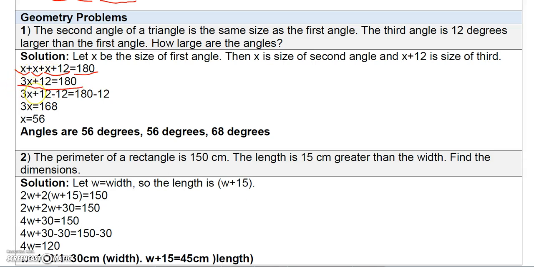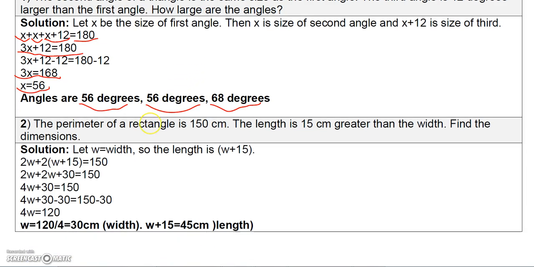Now subtract 12 from both sides, and you get 3x equals 168. Then divide both sides by 3, and you get x equals 56. So the first angle is 56, and the second angle is the same size as the first, so it's 56. And the third angle is 12 more than the first angle, so it's 56 plus 12, which is 68 degrees.